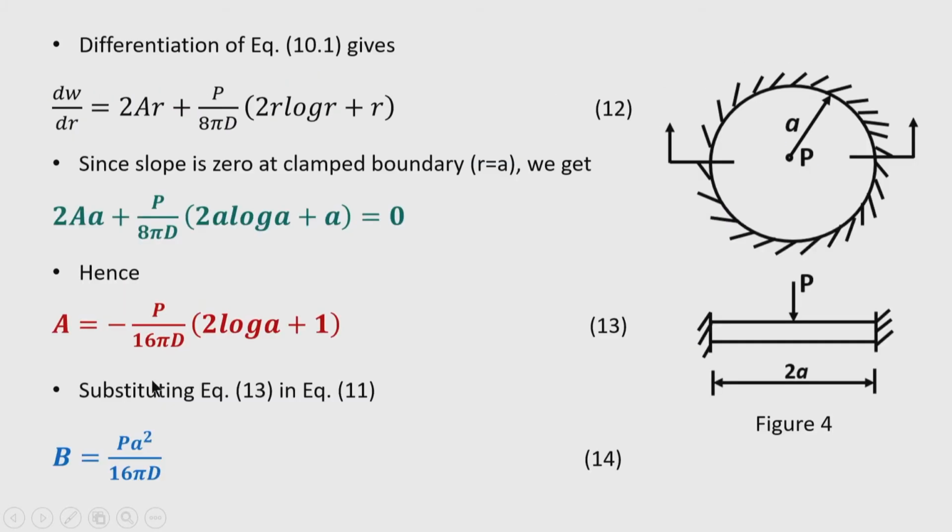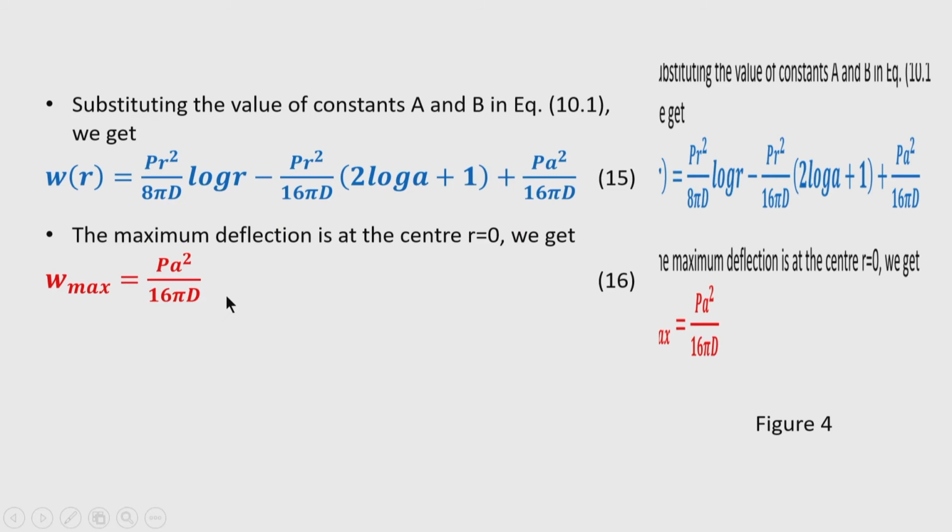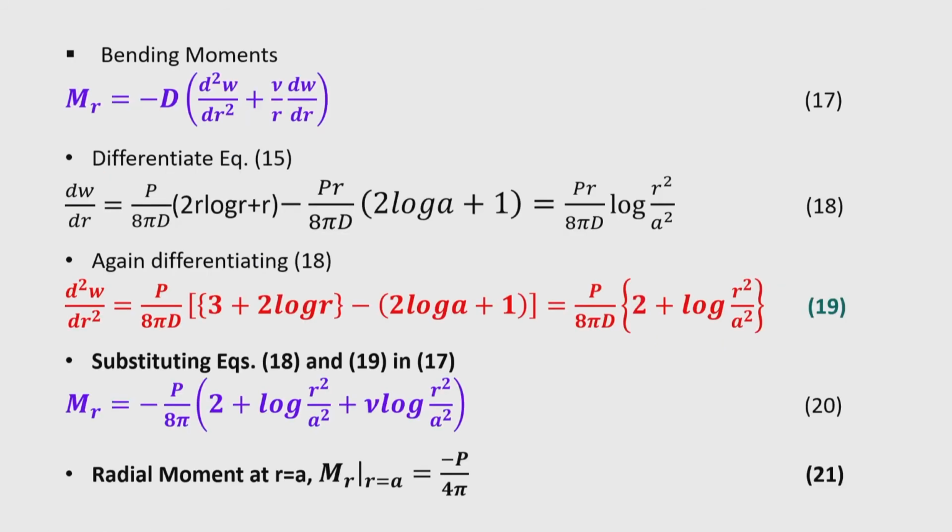at the edges the clamped bending moment, that is the fixed end bending moment, by putting a in the expression, we can get the maximum bending moment. So, when we put this r square by a square, r is substituted as a.